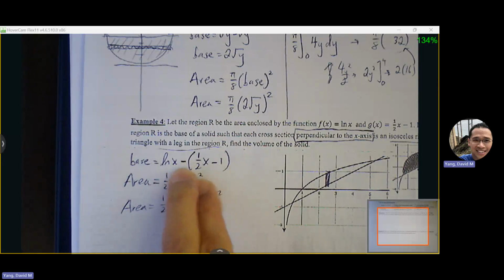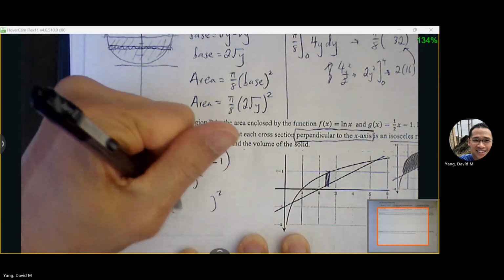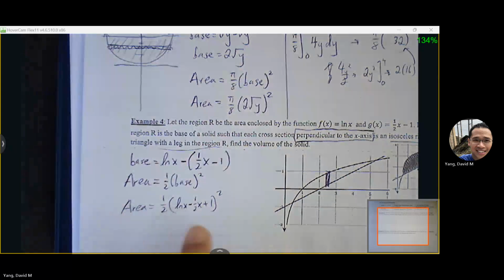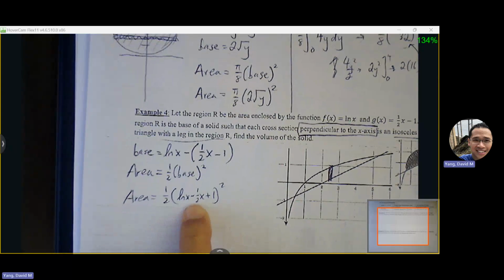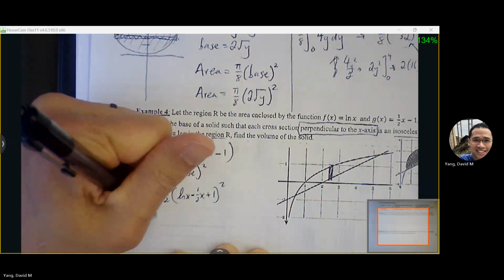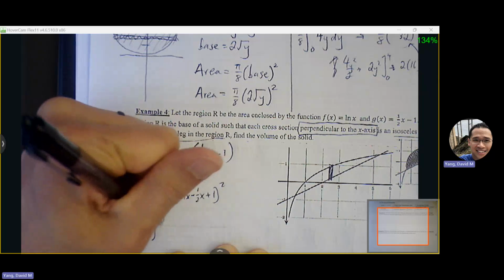So I'll make this one natural log of x minus 1/2 x plus 1. Now I'll go with my updated base length within my area. And then my volume. Integral of 1/2.